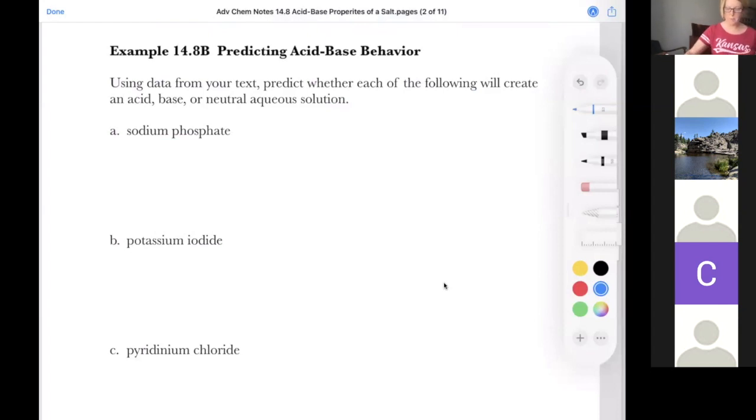This would be the tables 14.2, 14.3, 14.4. That's where you find all the weak acid-base data. So in the first one, we have sodium phosphate. So that would be Na3PO4. With water, it would break into Na and PO4.